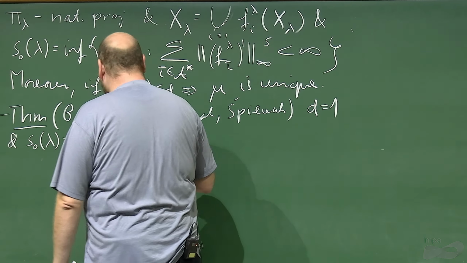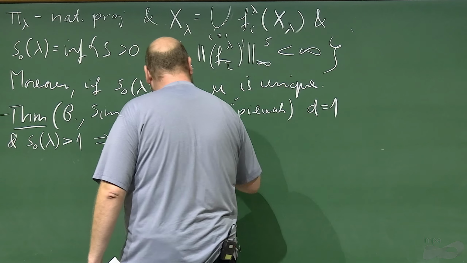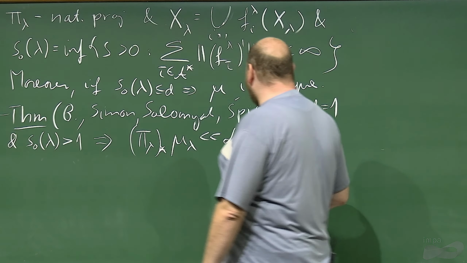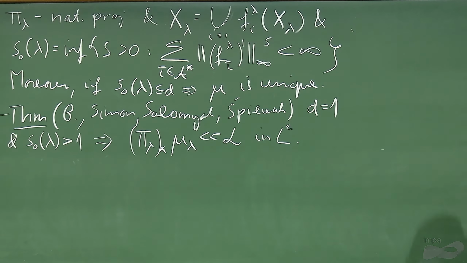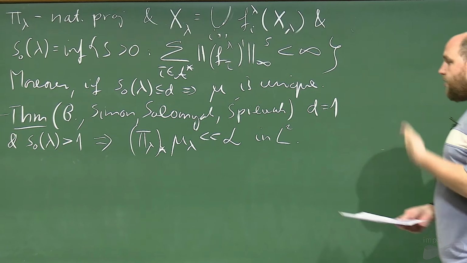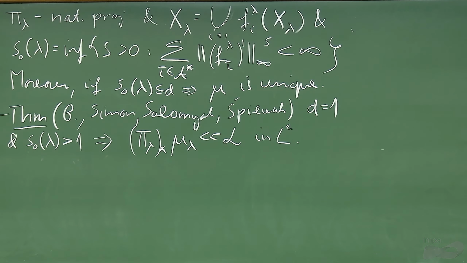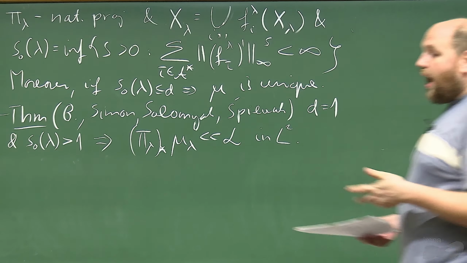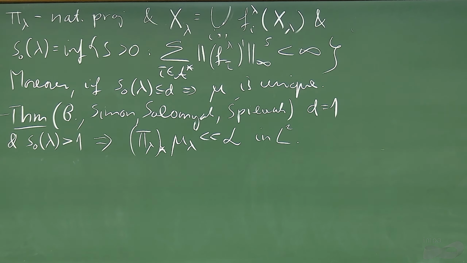Then this equilibrium measure is absolutely continuous with respect to Lebesgue, and it has L2 density. So not only do we know that it's absolutely continuous, we also have some regularity properties about it. Unfortunately, not much more.